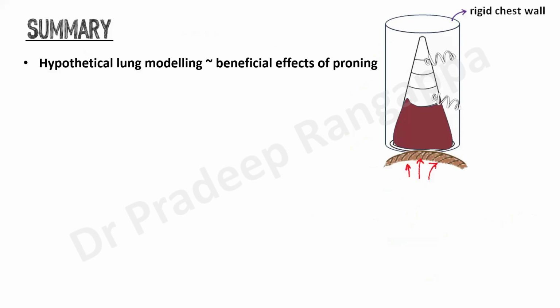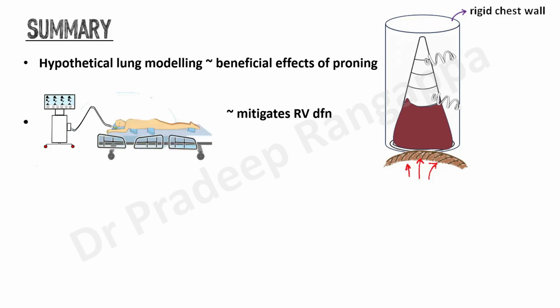Shape matching is something that happens naturally in ARDS patients. There are compressive forces by the heart in the supine position which you tend to eliminate in the prone position. Prone position significantly mitigates RV dysfunction, as we have seen from the study. There is no hemodynamic worsening, and this was shown in the PROSEVA trial because the number of cardiac arrests was lower in the prone position as opposed to the supine position.